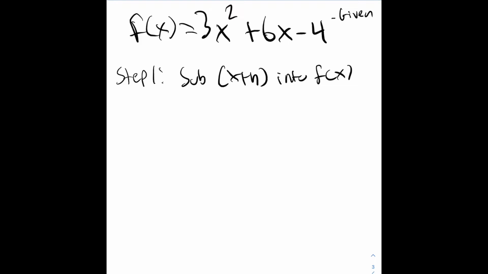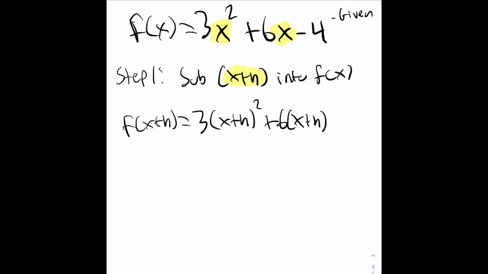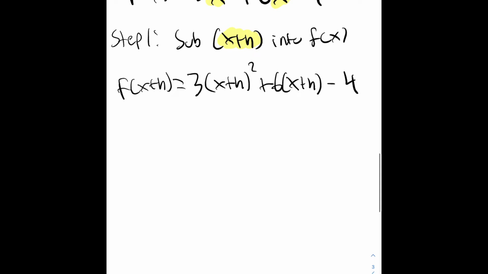Basically, every time I see an x, I'm going to write x plus h. So I'm going to say f of x plus h equals 3 times x plus h squared plus 6 times x plus h minus 4. And now I can simplify.